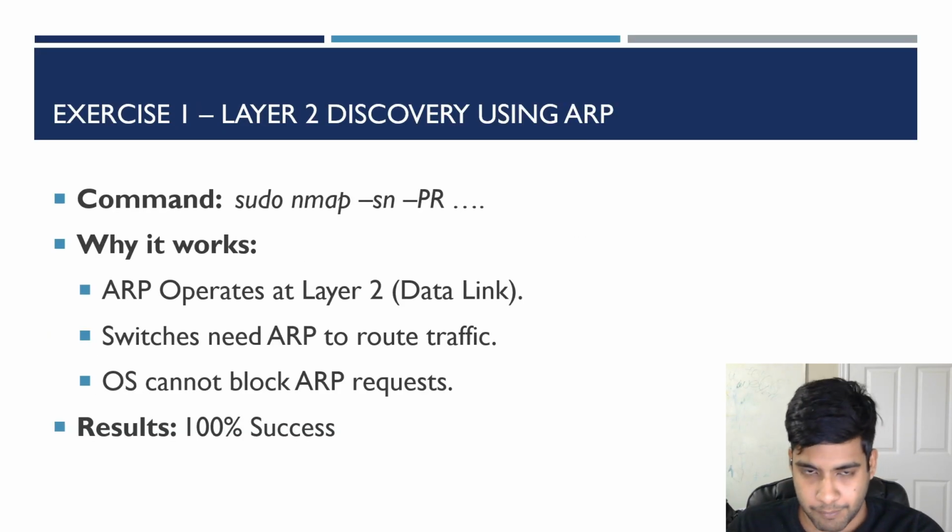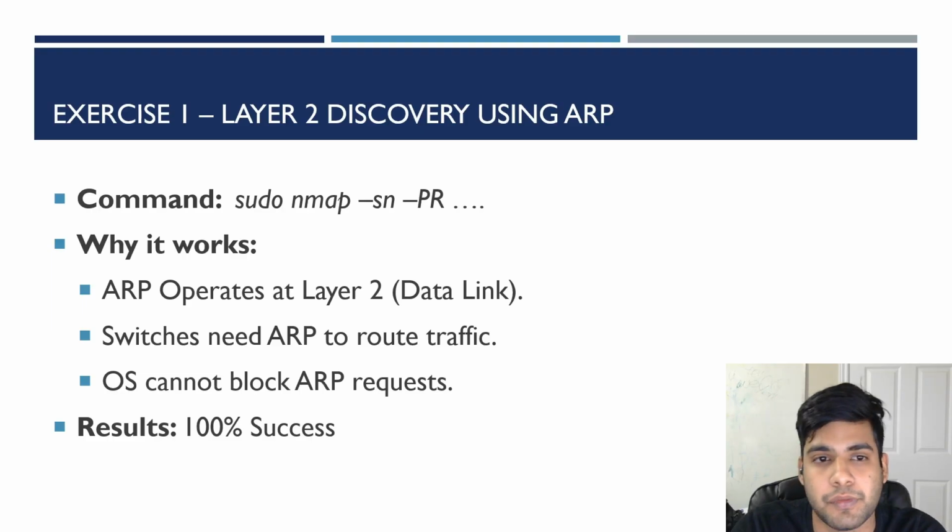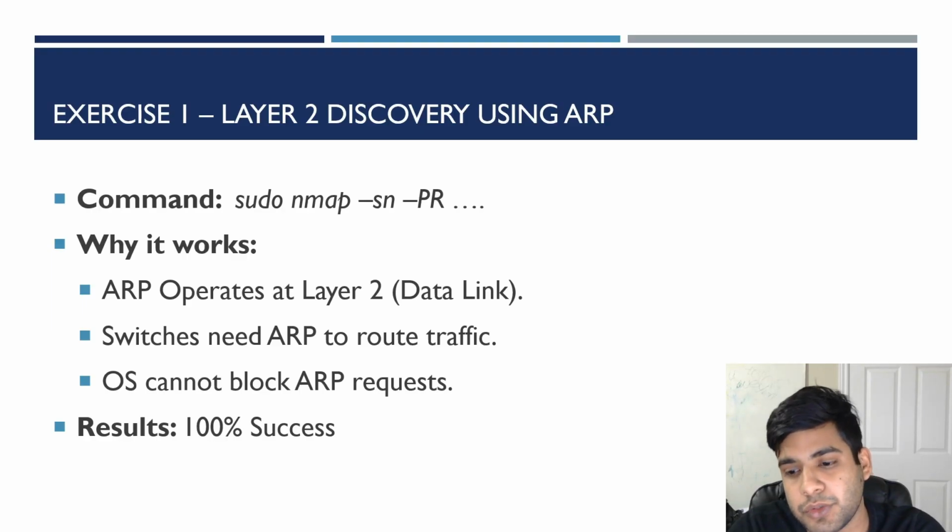And then I used three different scans, which were not in the book, to figure out the live hosts in the network. In this exercise, I'm going to do ARP scanning. ARP is a layer 2 protocol. An ARP request is sent out to figure out the MAC address of an IP address in a network.